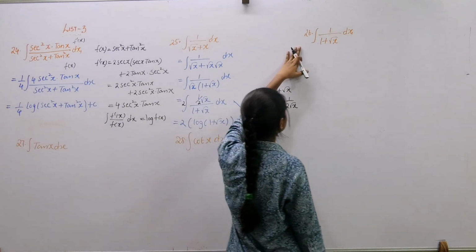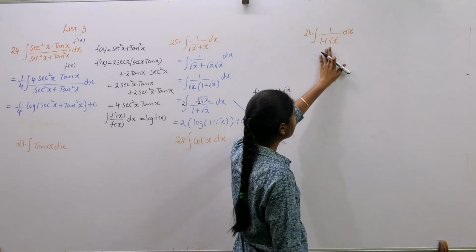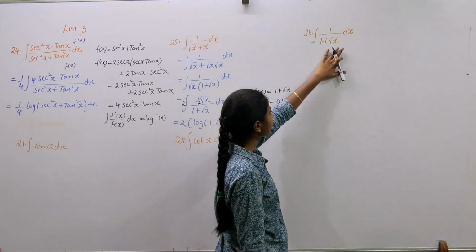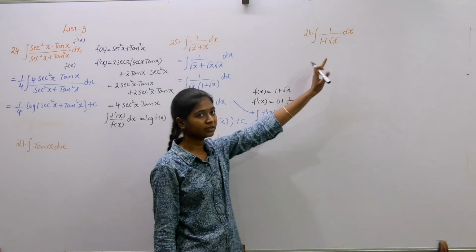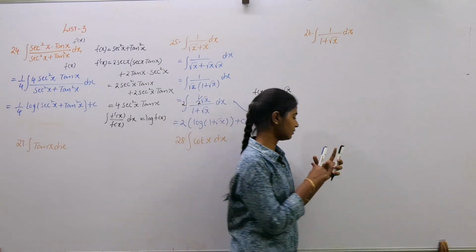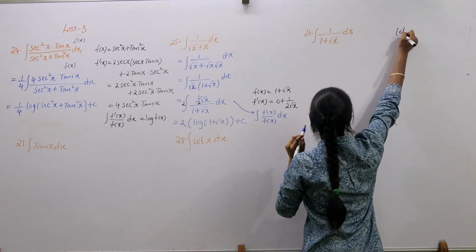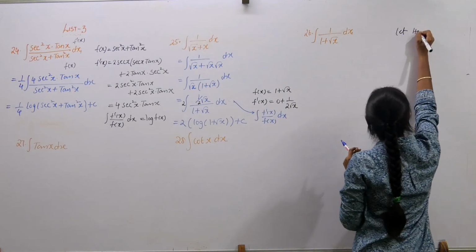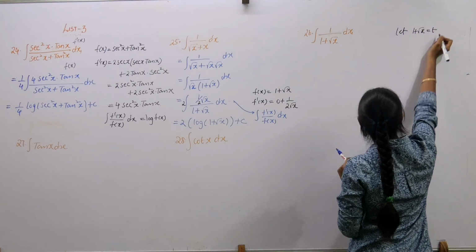Next, 26th one, integral 1 by 1 plus root x dx. We cannot solve this using the 3 formulas. So, first we go for the substitution method. Let us assume 1 plus root x is equal to t.